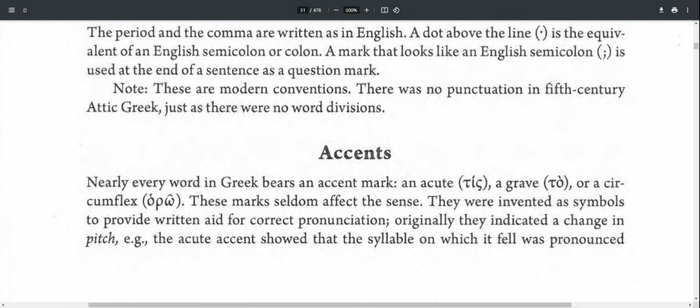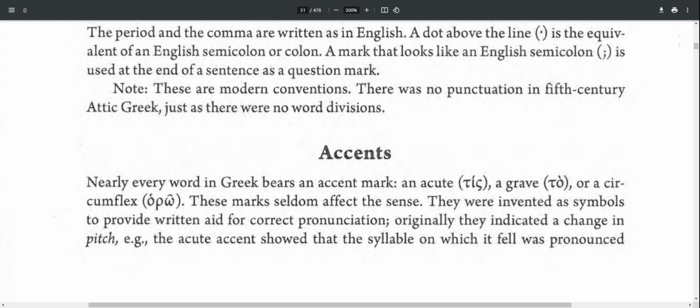Accents: you have three accents. You have an acute accent, a grave accent, and a circumflex accent. You have this tone system. The acute marks when the tone goes up.